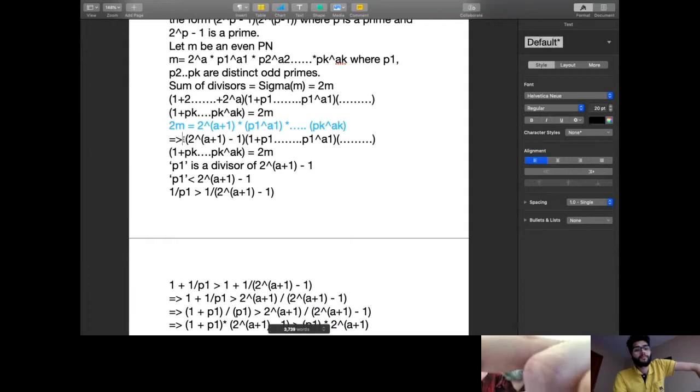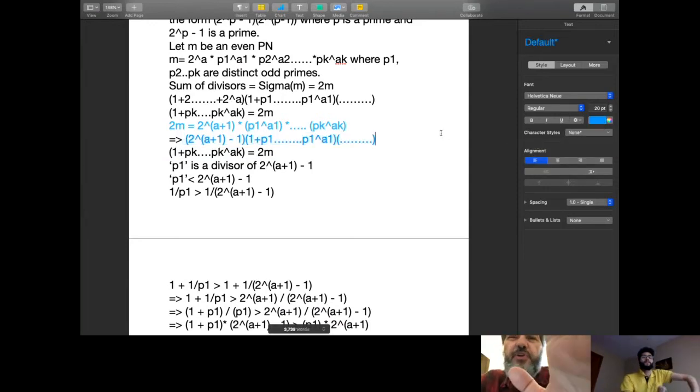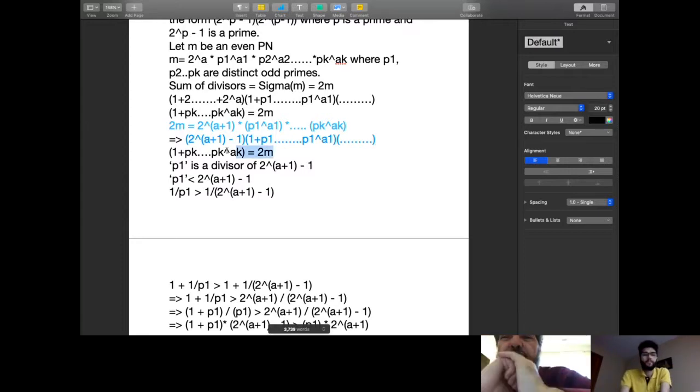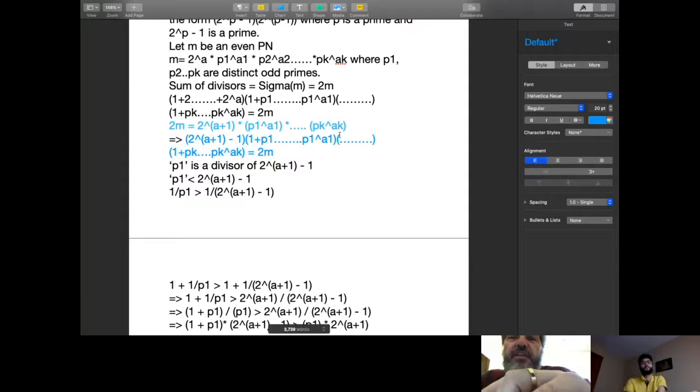Let's make that next line blue and just have a look at it. So we have blue equals blue. The first line says 2m equals something, and the next two lines together say something else equals the same 2m. Now, what I'm saying is the following.